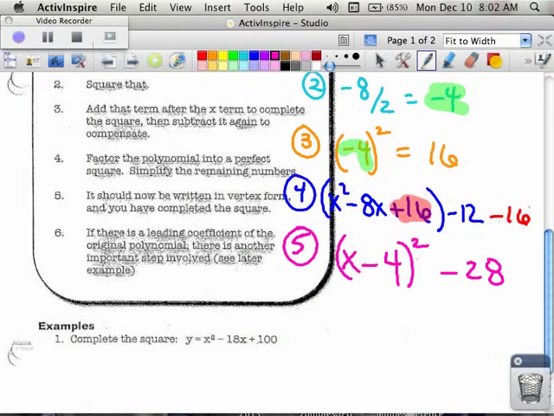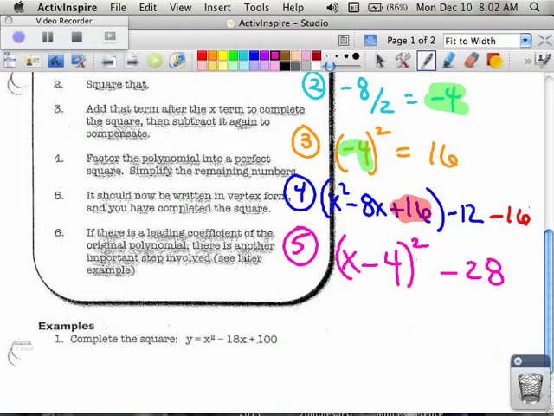Now the interesting thing is, if you were to FOIL back out this pink squared parentheses, you would see the blue expanded parentheses, because x minus 4 times x minus 4 is x squared minus 8x plus 16.